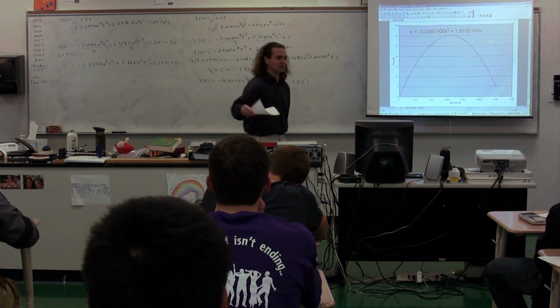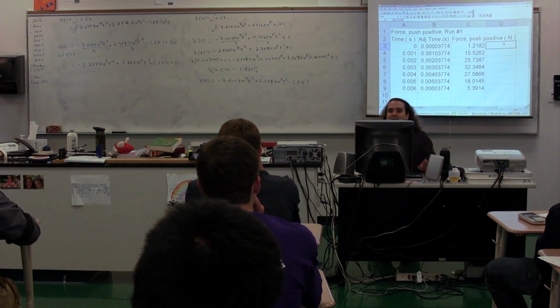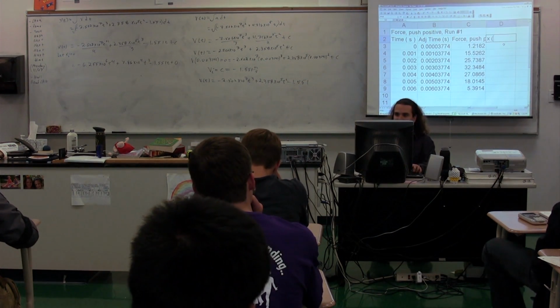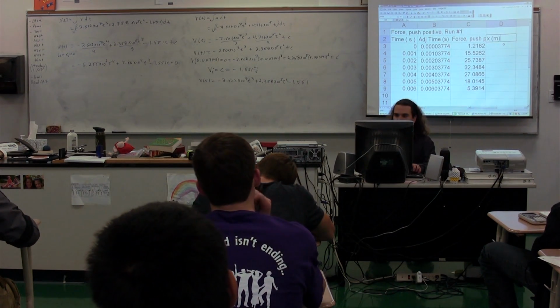I am, however, going to do this. We come back over here. We come back to the data. We have the position as a function of time. We'll do the position as a function of time in meters.